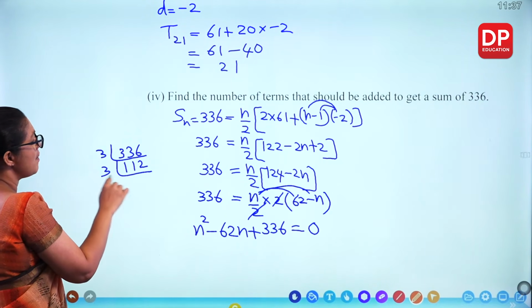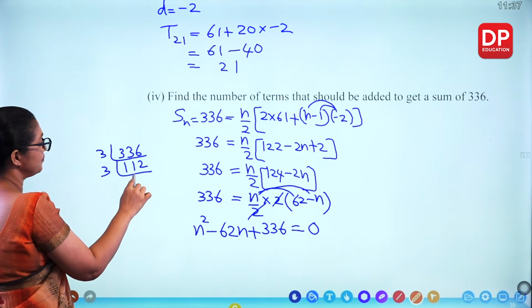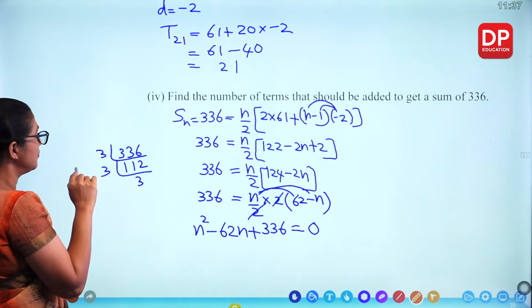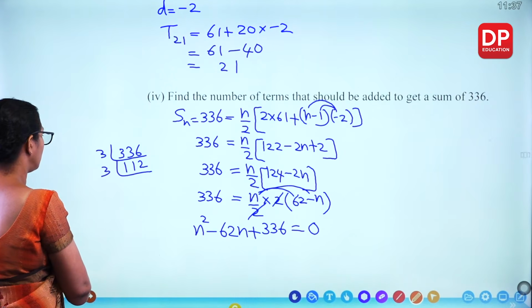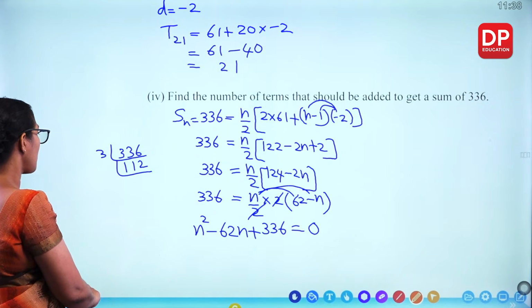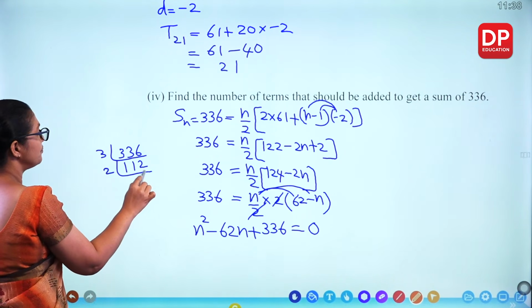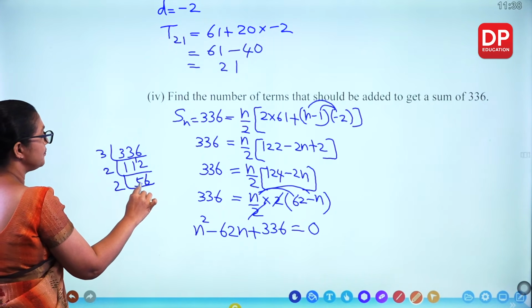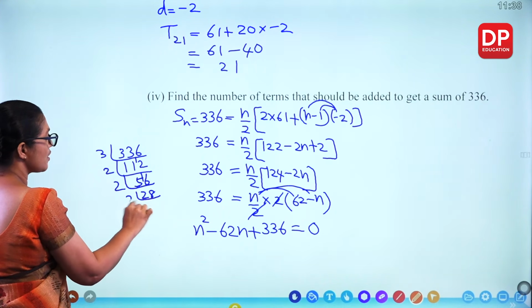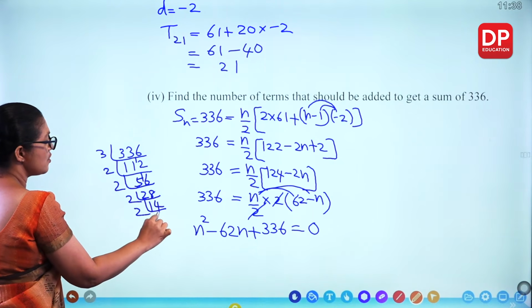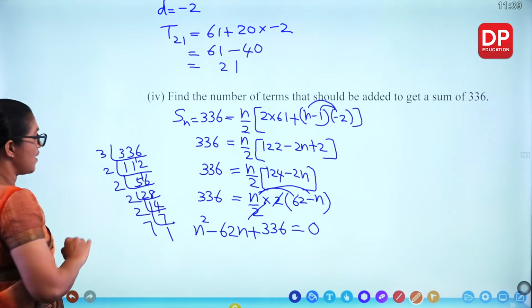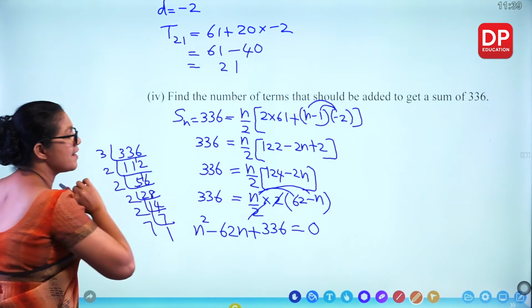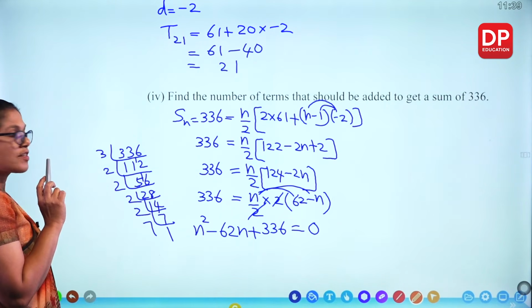Again you can divide by 3. No, it's not divisible by 3. Divide by 2. Divide by 2 again, and again, and again. So you get 1.